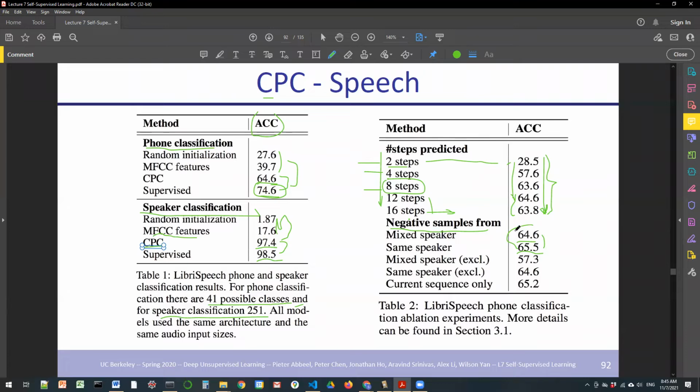So what this seems to indicate is that if you are already aware of the downstream task, so for example, if you know that the downstream task is identifying speakers, then you can do one set of things with respect to the contrastive predictive coding infrastructure, which will help the embeddings that are learned be better. If you have the phoneme prediction task, then using the same speaker helps.